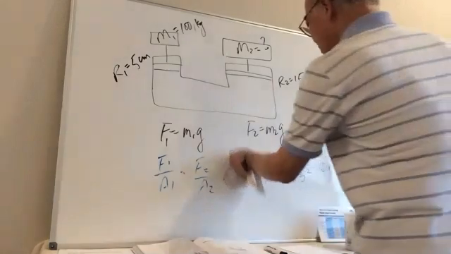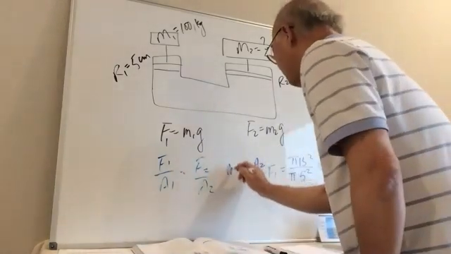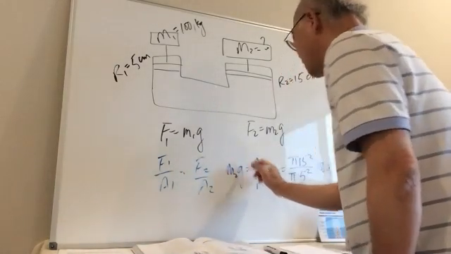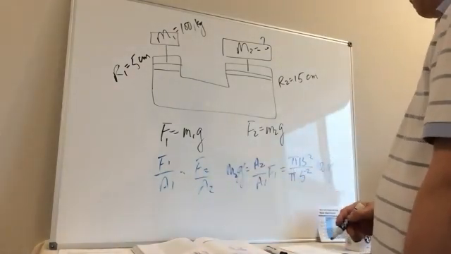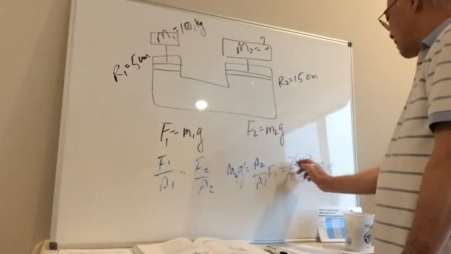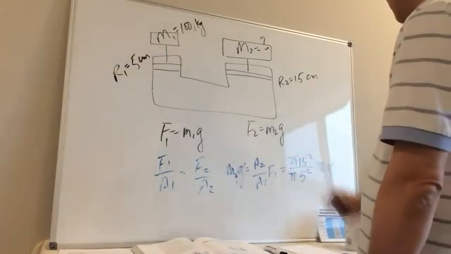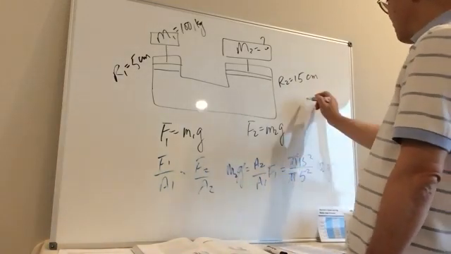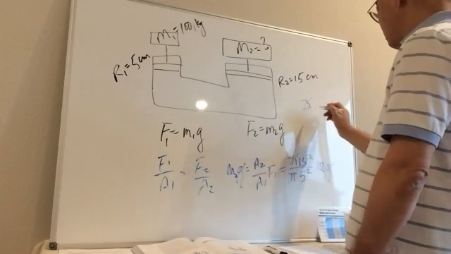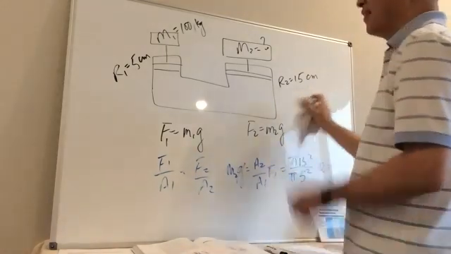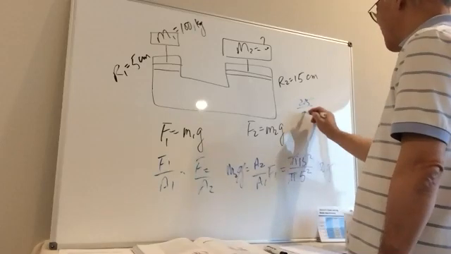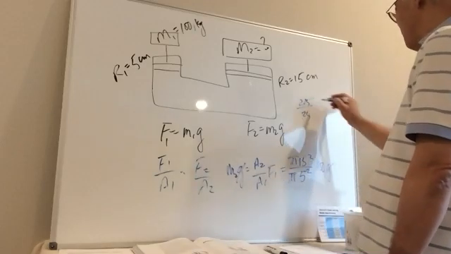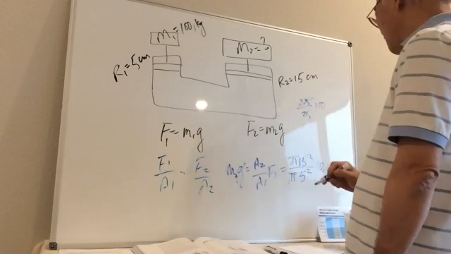because F2 is equal to M2 g, and the g's are going to cancel out anyway. The pi's cancel out too. We have 15 squared, which is 225, divided by 25, times 100.